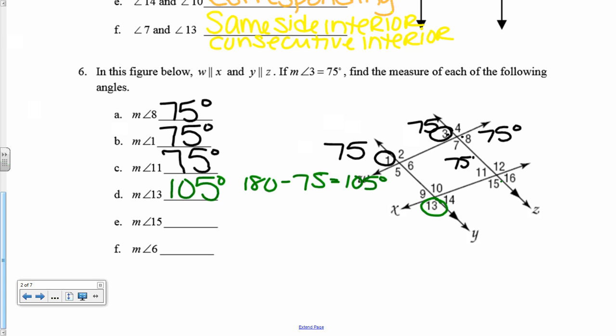For angle 15, I'm going to use that angle 13 is 105 degrees because then I know since they're corresponding, angle 15 is 105 degrees. And then lastly, we get angle 6. Angle 6 is vertical from angle 1, so angle 6 is 75 degrees. And in fact, all of the black circles are going to be 75 degrees. All the other ones will be 105.